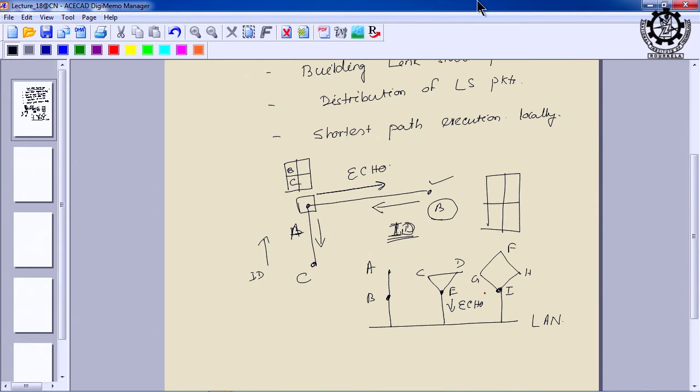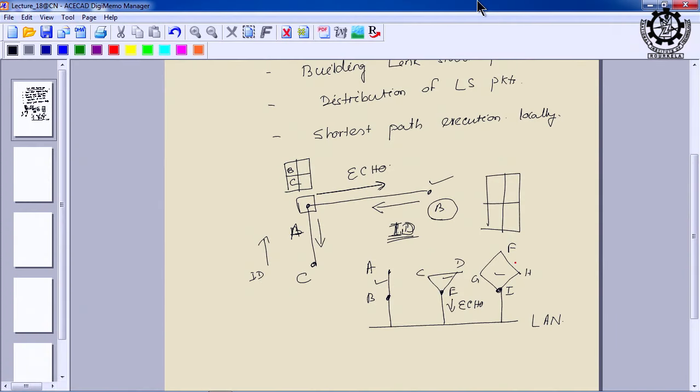In this kind of diagram, if you have a LAN like this with multiple subnets connected in this way, and E is the node who sends an echo packet, from whom should it get the response? Should it get the response from B or I, or from none?